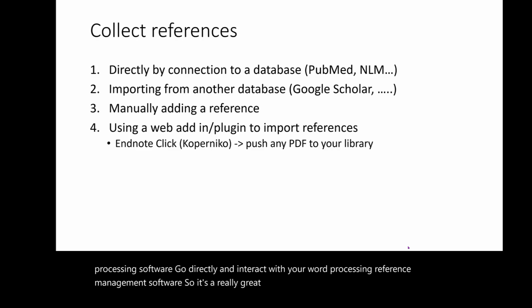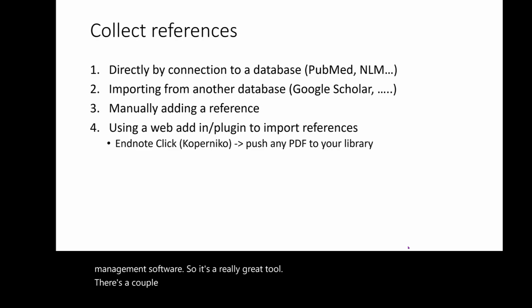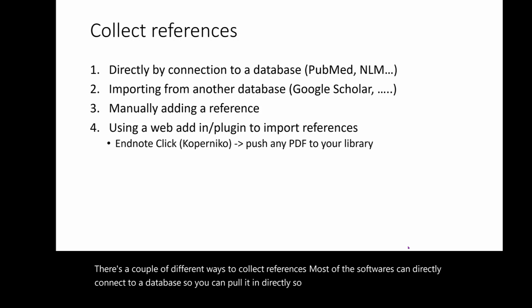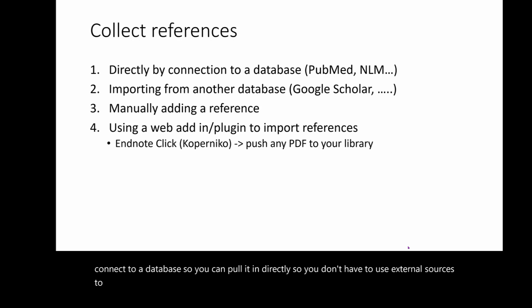There are a couple of different ways to collect references. Most of the software can directly connect to a database, so you can pull references in directly, and you don't have to use external sources to import them. There are also ways where you can import them. For example, if you have Google Scholar, you can export it and then import into EndNote.